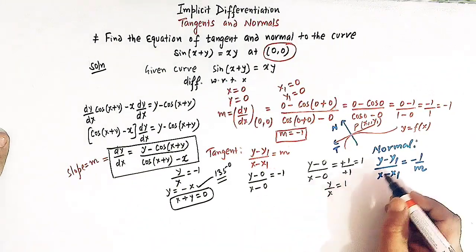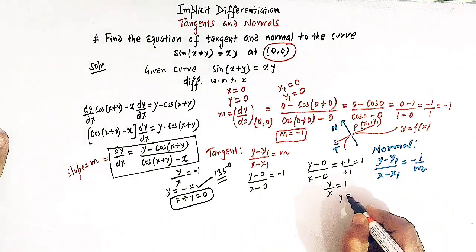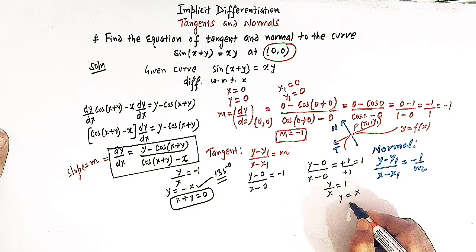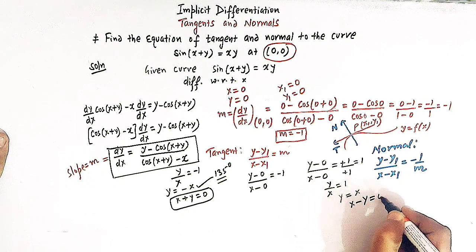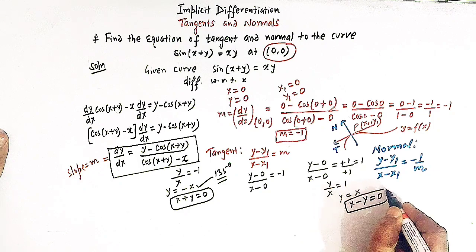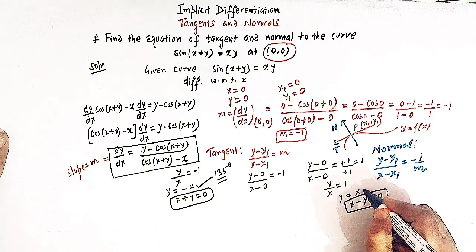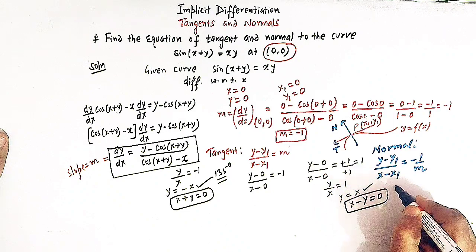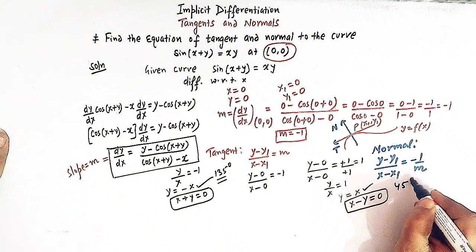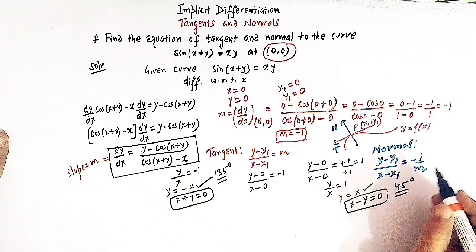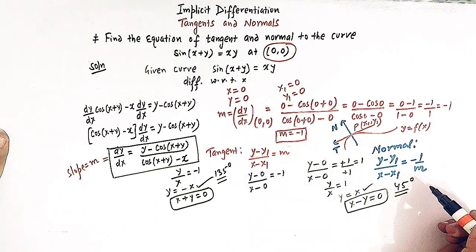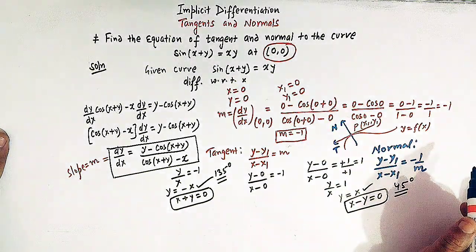So the equation of normal is given by y is equal to x, that is x minus y is equal to 0, right? And the important thing about the equation of normal is that it passes through the origin and makes an angle of 45 degrees with the positive direction of x-axis, right?